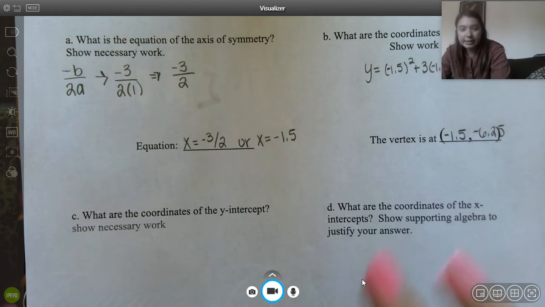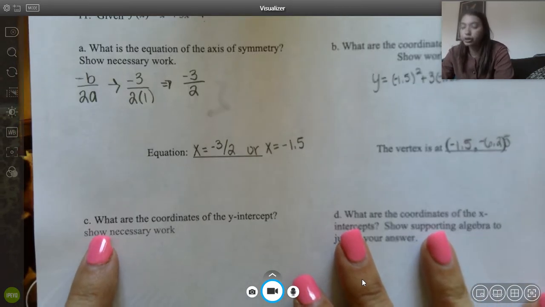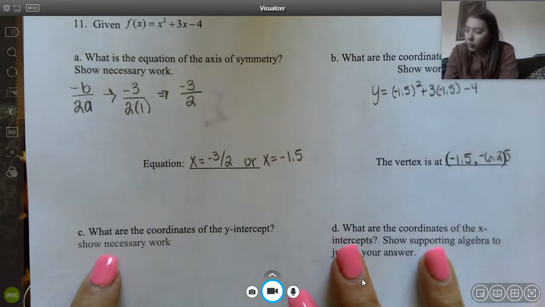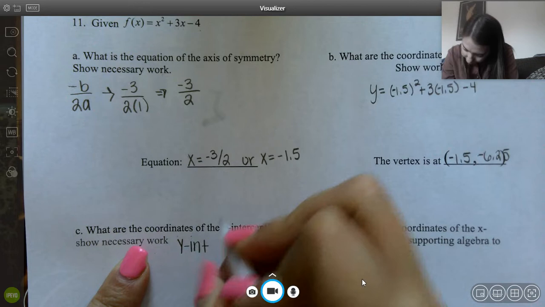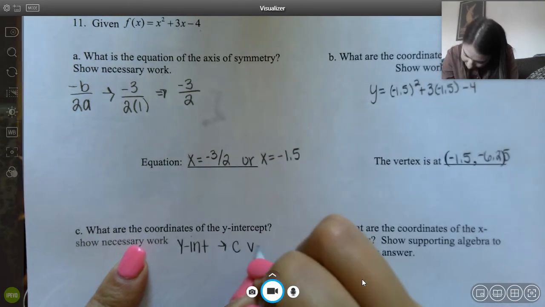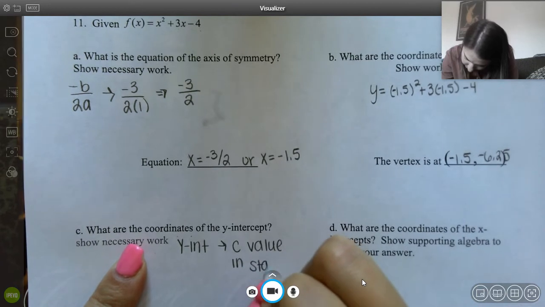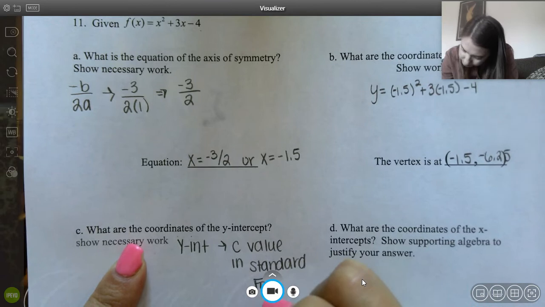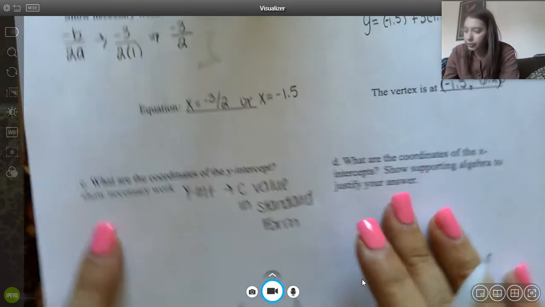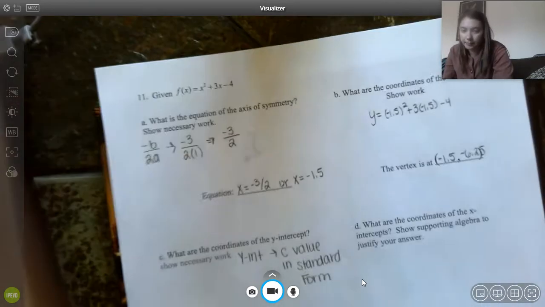Now, for part C, it asks us for the coordinates of the y-intercept. Okay, well, there's a couple ways we can do this. We always know that the y-intercept is our c value in standard form. Or what we can do is we know that our y-intercept always has an x value of 0.